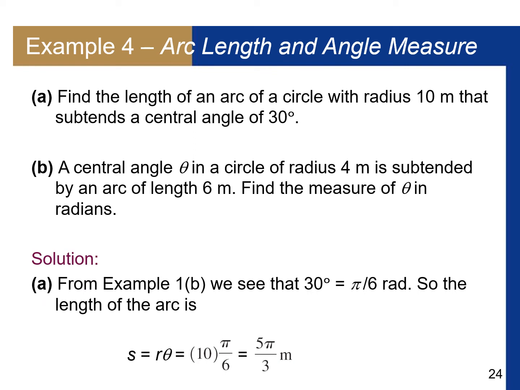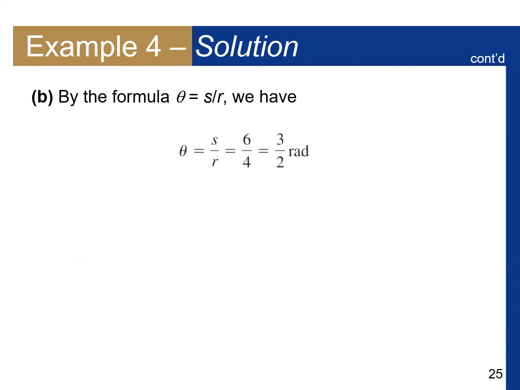So from example 1b, we know that 30 degrees is pi over 6 radians, so the length of the arc would be 10, which is the radius, times that pi over 6, and we'll reduce it to get 5 pi over 3. By the formula theta equals S over R, we have 6 over 4, so you're going to have 3 over 2 radians for part B.